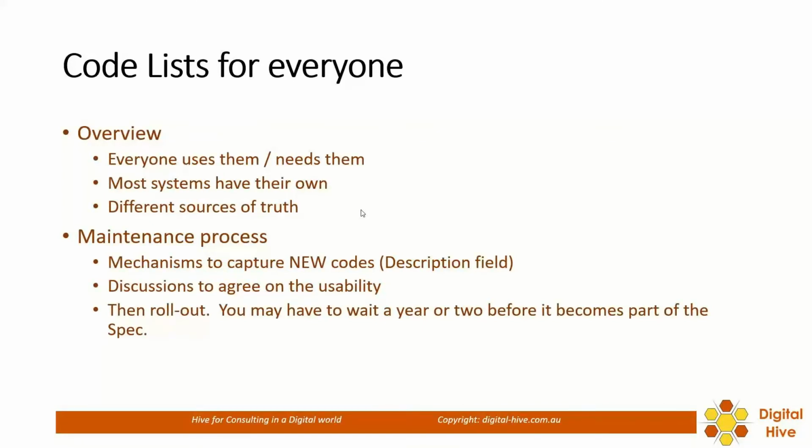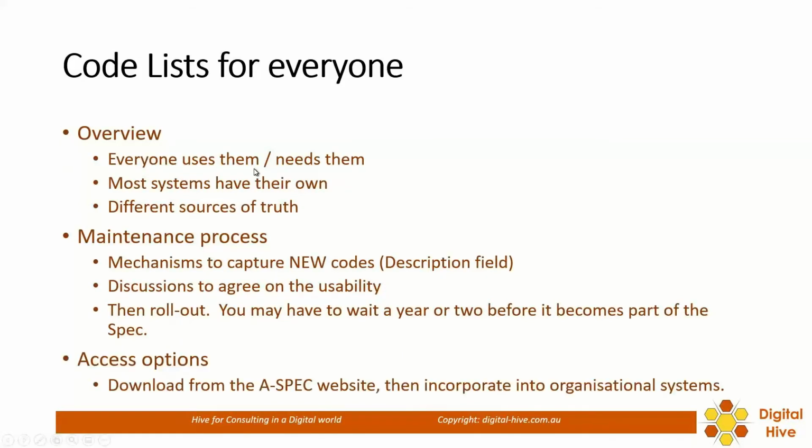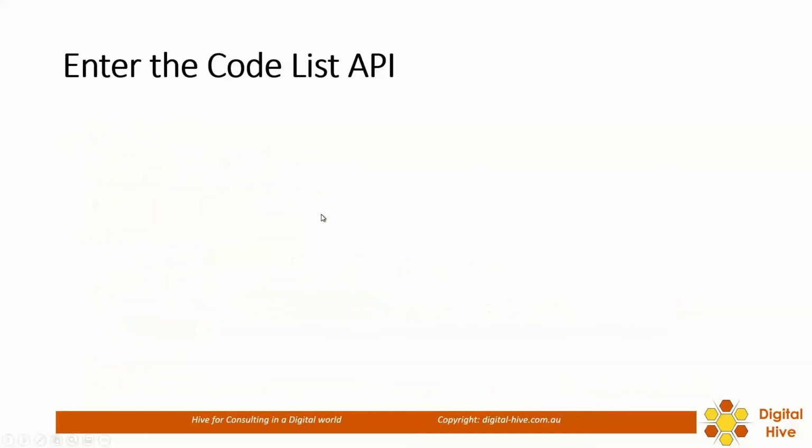There's a discussion on how to use it, and then it's rolled out, and that may take a bit of time before that's actually available. And then one last thing about that is that it then becomes available as a download on the A-SPEC website, and then you will be able to incorporate that into your organizational system. So there's a bit of a lag before those codes are actually available and can be used by people and validated.